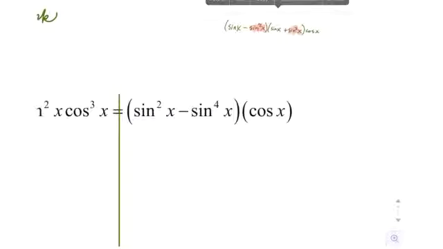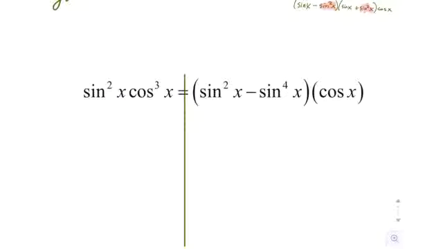So let's see what we could do. Notice if we do decide to start on the right-hand side, the left-hand side has a factor of sine squared. Do I have a factor of sine squared that is common in both of those? Yes. So then that is going to inform your decision maybe to factor out a common factor of sine squared. Boom. And now all of a sudden this is matching this.